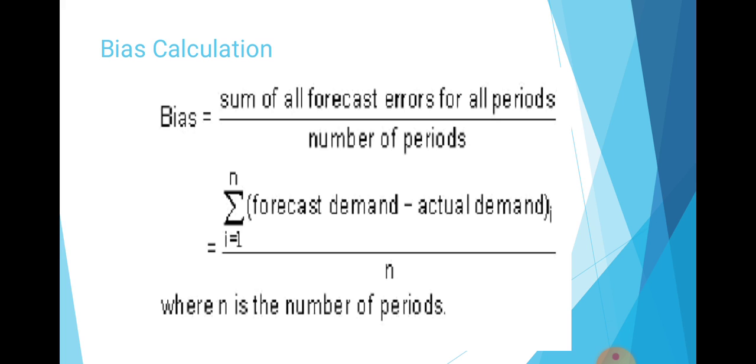Third is the cost of developing the forecast, meaning the cost assigned for that forecast. Fourth is the length of the prediction period. Fifth is the time available to make the analysis. Sixth is the complexity of the factors affecting the future operations. These are the selection criteria for any kind of forecasting method.